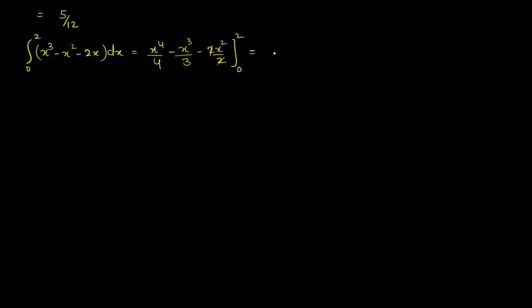In this case, the upper limit is 2, so applying 2 wherever you have x. It will be 2 power 4 over 4 minus 2 power 3 over 3 minus 2 square. This is the upper limit minus the lower limit. The lower limit is 0, so this will be 0.